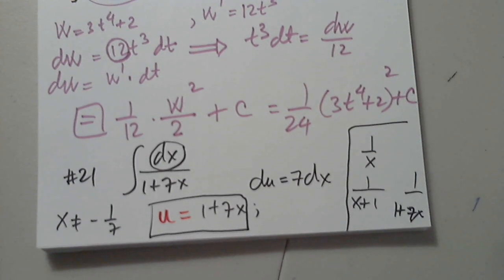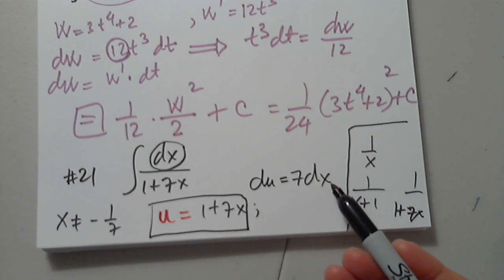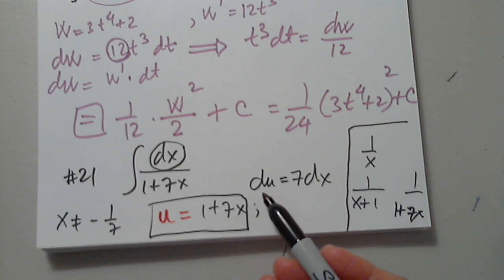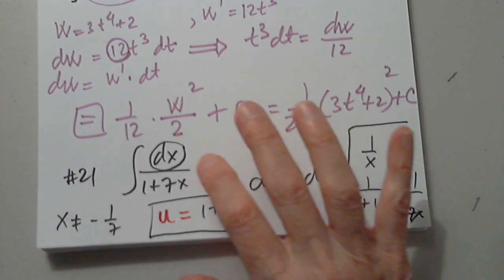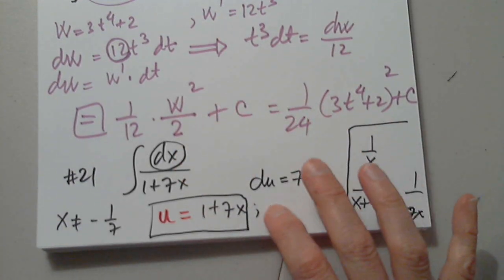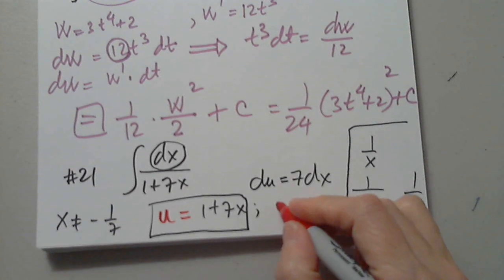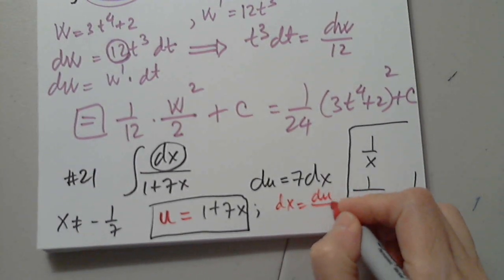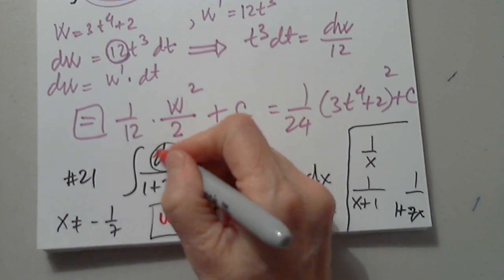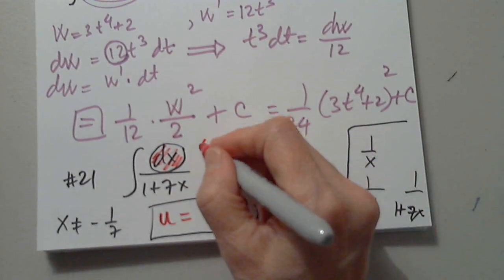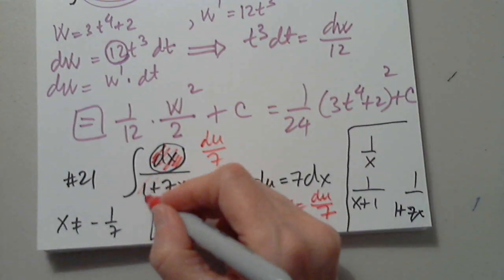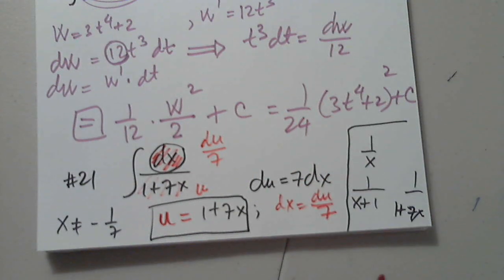That's it. I differentiate this, I get 7, but I have to multiply by dx because it's du, not u prime. Now I divide both sides by 7, and I get dx equals du over 7.